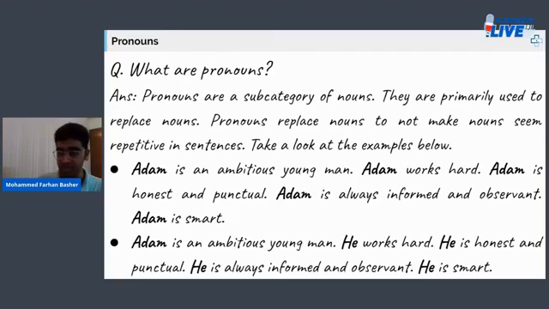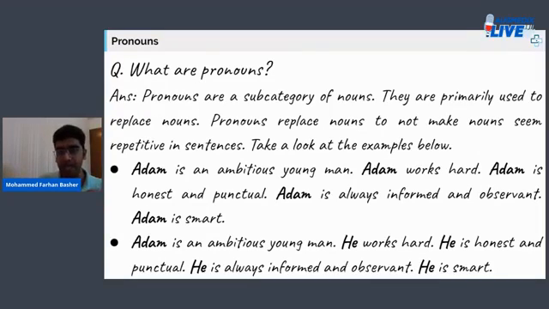Adam is always informed and observant. Adam is smart, right? Every time you talk about Adam, you just keep taking his name, and it really doesn't sound nice. After a certain point, it becomes quite irritating to keep hearing Adam, Adam, Adam.